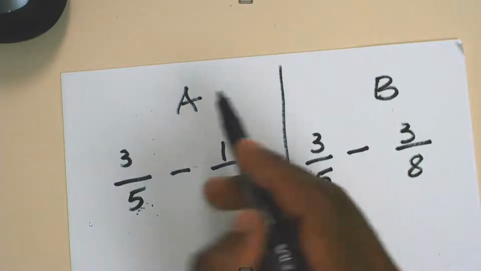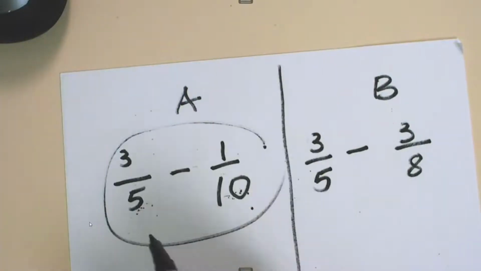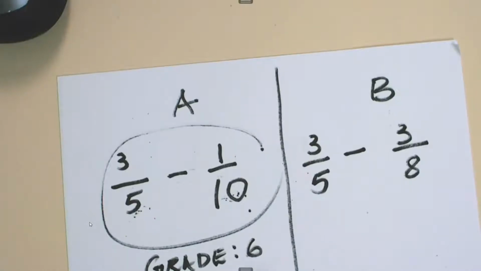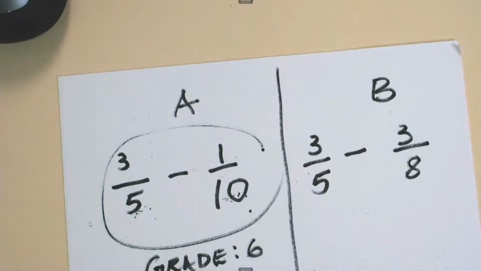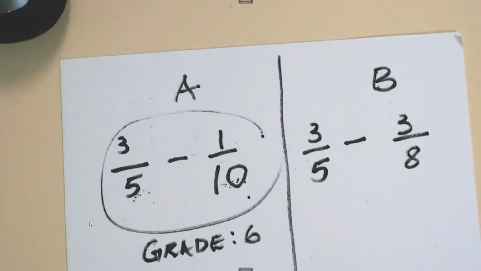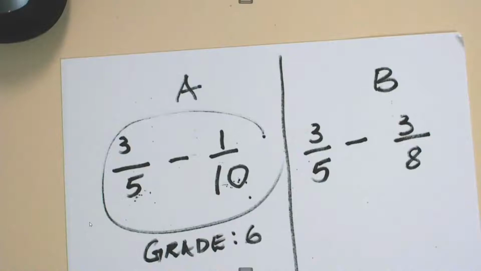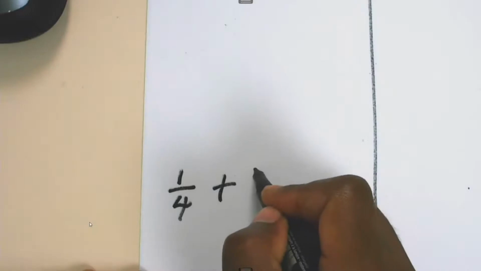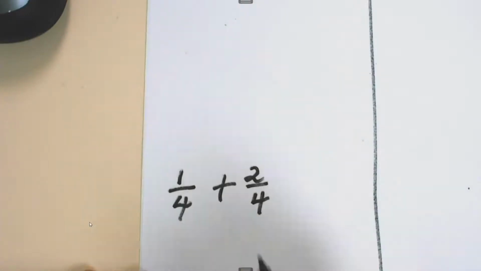Therefore, this part is what we have already covered in grade 6, whereby our objective was to make denominators the same. Let us go back quickly, guys. From grade 5, we dealt with fractions where denominators were the same, e.g., a quarter plus 2 quarters.